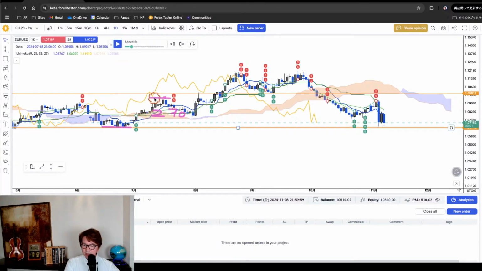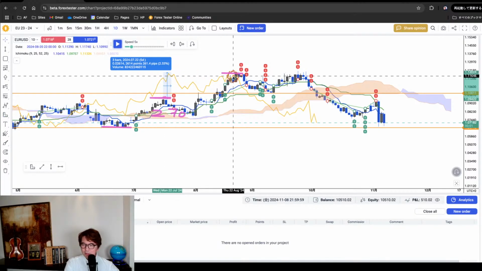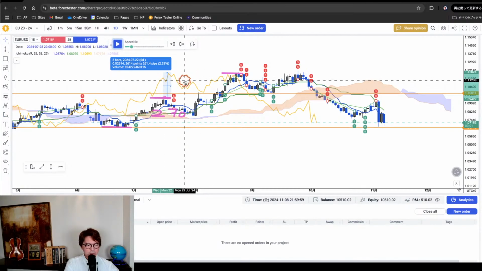And between here and here should be close to 270 or higher. I think it's bigger than 270. Actually 260, 250 or 60. So it was pretty much close. It was 260 pips. So it was 10 pips shorter, but the market has reached the target.